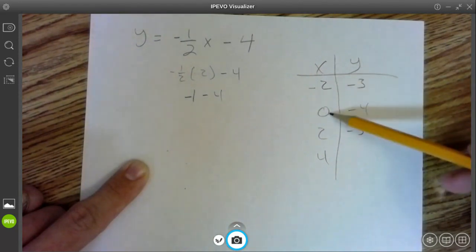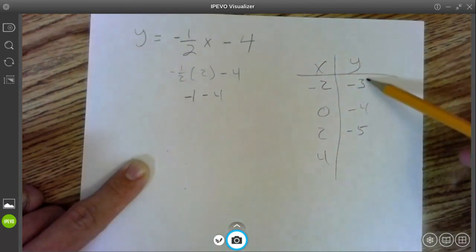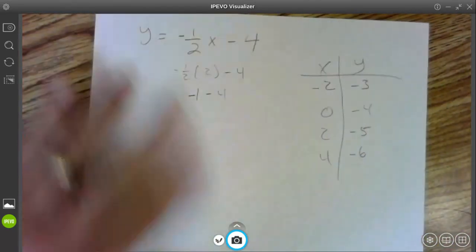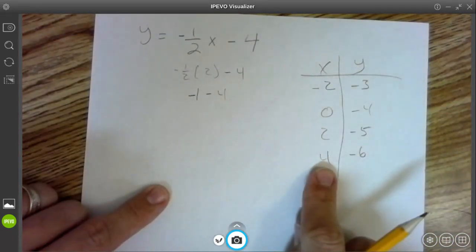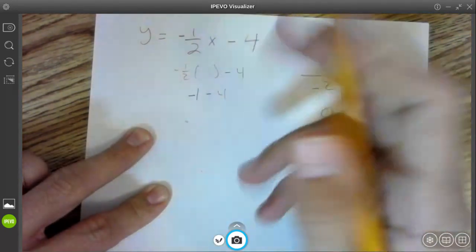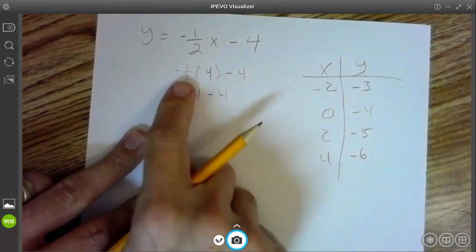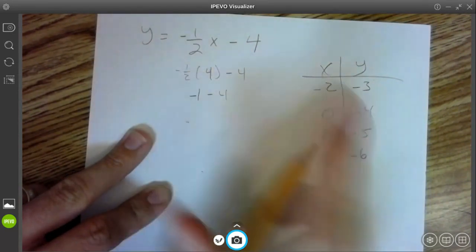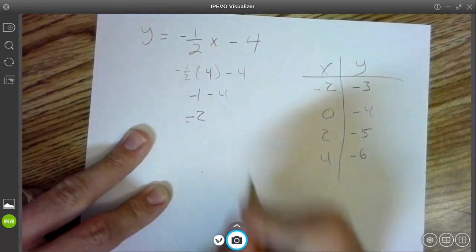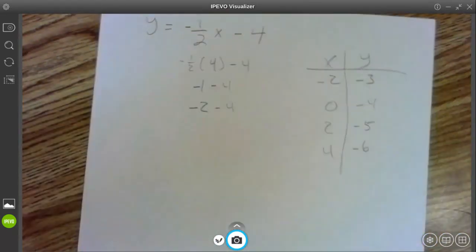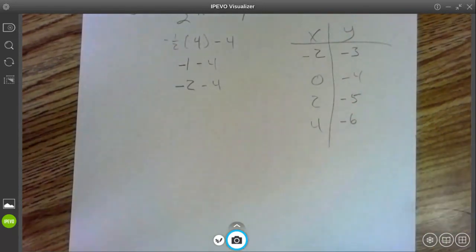As we go up by 2, these are going down by 1. So I'm guessing my next one's going to be -6. Let's plug in 4 for x. All right, -1/2 times 4. That's half of 4, so that's going to be -2 minus 4. That's -6. All right, now these are my ordered pairs.